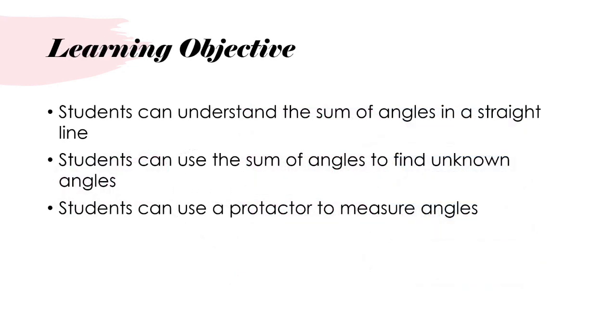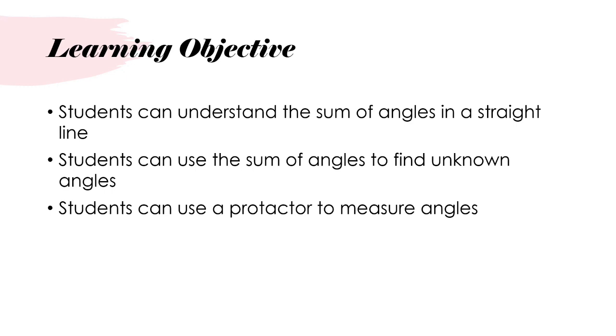For this chapter, the learning objective is you can understand the sum of angles in a straight line. Sum in bahasa mean total. Jadi tujuan pembelajaran pada bab ini adalah kalian akan mengerti total sudut atau total jumlah sudut pada suatu garis lurus.